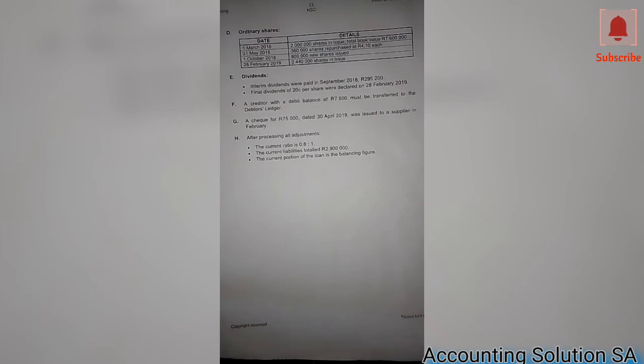However, in the case of retained earnings, we only account for the net effect which affects retained earnings. All right, how are we going to account for this? Remember, we have to determine how much we lost or how much we gained when we sold these shares.